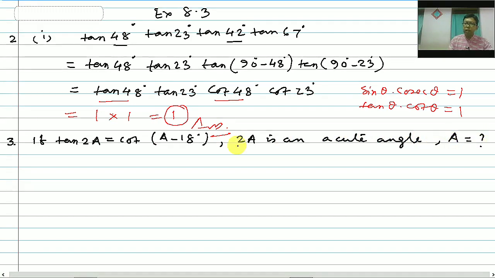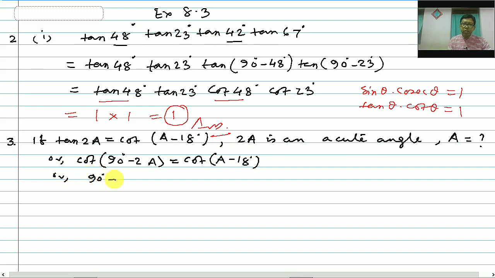So from this one you can write tan twice A means tan theta. Tan theta is equal to cot 90 degree minus theta. So you can write it here, cot of 90 degree minus twice A, that is equal to cot of A minus 18 degree. Okay, so from both sides you can withdraw cot. So this is 90 degree minus twice A is equal to A minus 18 degree, isn't it?